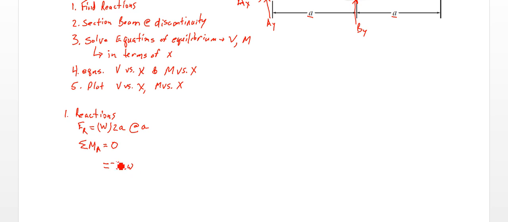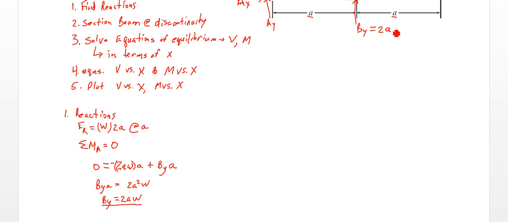That's going to be a clockwise moment, so it's going to be a negative moment acting at A. So we're multiplying our force by our distance here. And then we're going to have plus BY, so that's our force, acting at A. That all equals 0. So BYA equals 2A squared W. BY, just divide by A on both sides, equals 2AW. So there's our reaction force in Y.